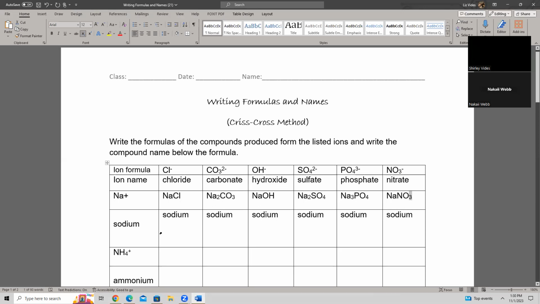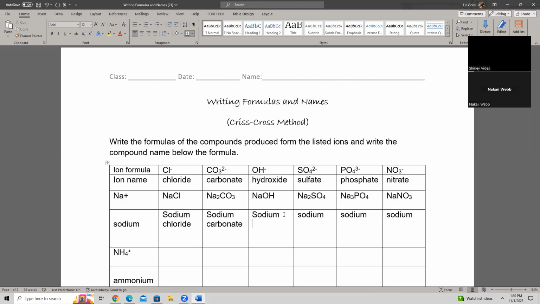So now, as far as the name of this ion is chloride. So we said this is a combination of the 2. The name of this ion is carbonate. So this is a combination of the names of the 2 ions. See, very simple as far as the naming part, right?